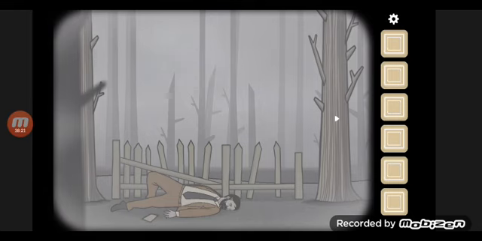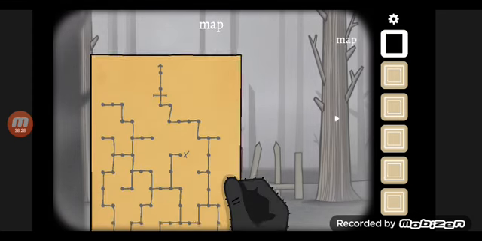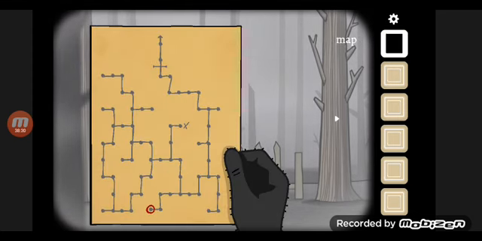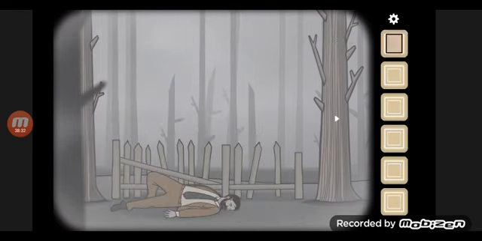And we've got to the body of the detective. This is the first point. Point number 1. And we took the map.